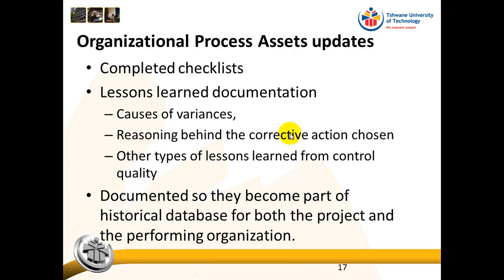Right, and so from that you can see lessons learned. Documentation is very important as well. Now we have spoken about lessons learned in PJPA, and we've spoken about how to capture lessons learned.